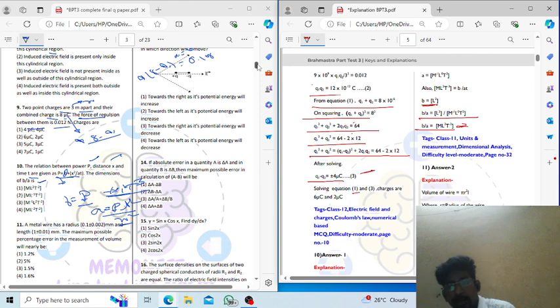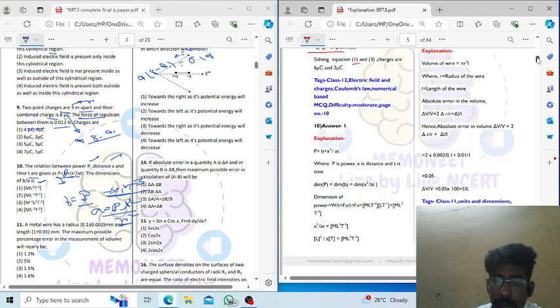Dimension of B is there. So what you have to calculate is the dimension of this B by A. So here the equation is B plus x square by At.